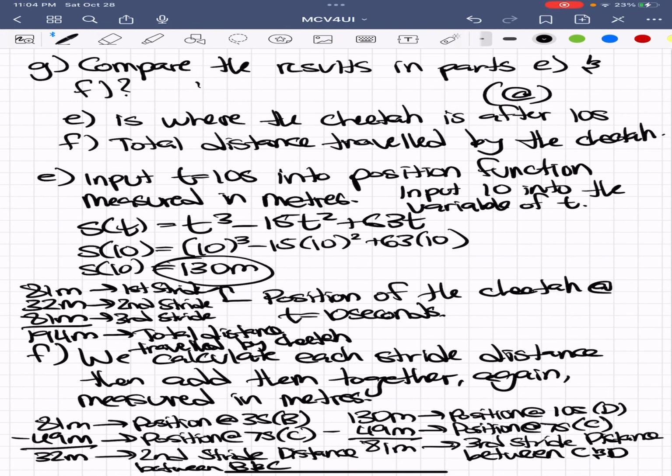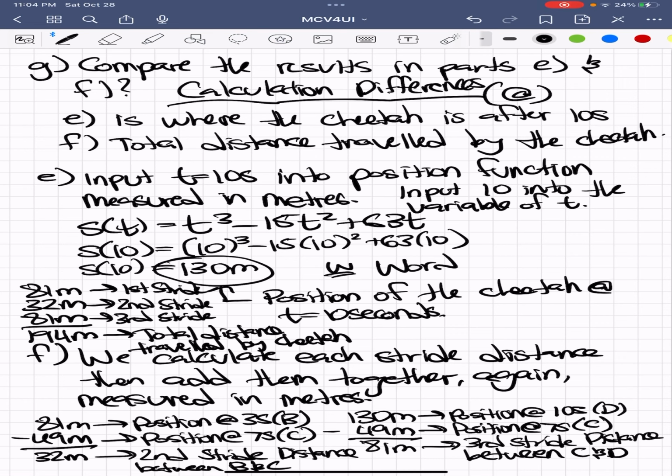And then we have calculation differences, with worded explanations. And then our last step is our conclusion.